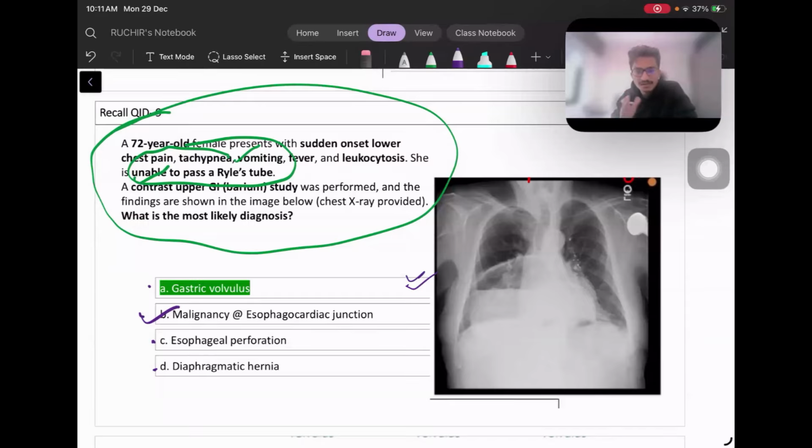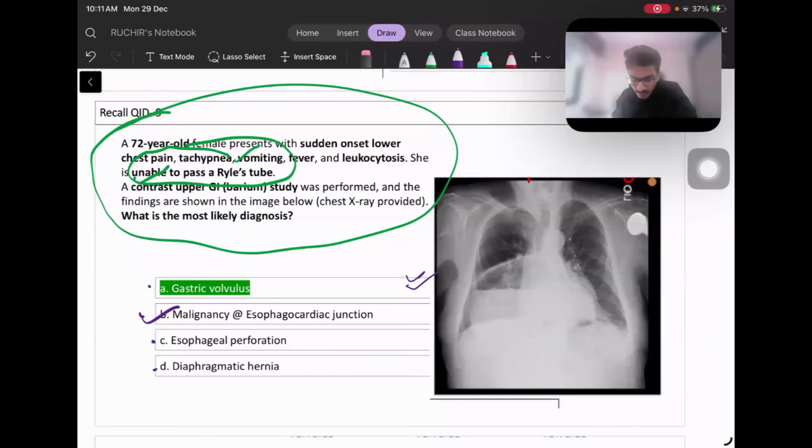That would give me a differential of perforation. But with the air fluid level which is seen, I would not be considering perforation. On the basis of history and X-ray you cannot pinpoint exactly, but the primary differential I would be suspecting here would be a gastric volvulus, that is for sure.